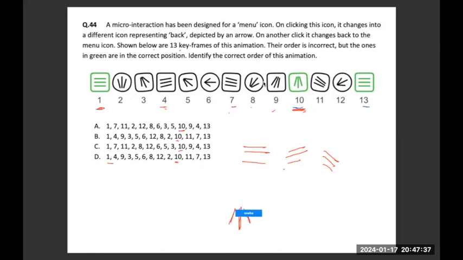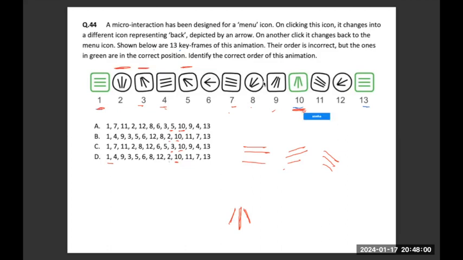The closest that one can come to this position, just observing the question, before 10, it's 5, 3, or 2. Before 10, either of them.